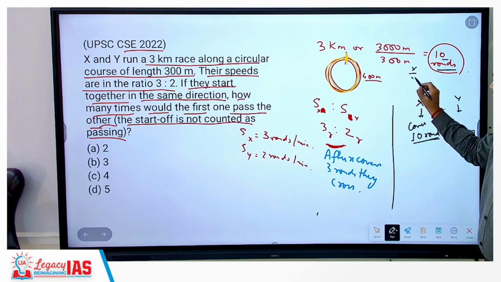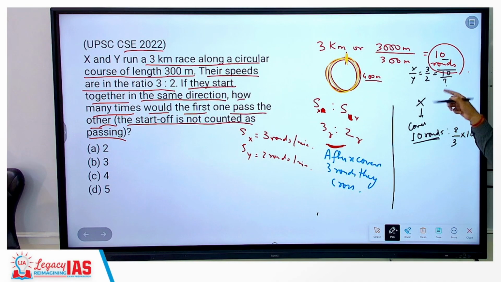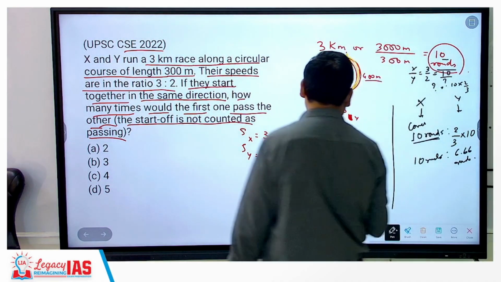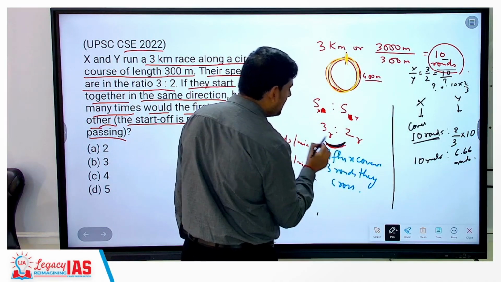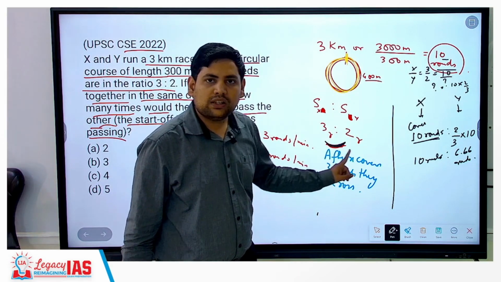Because their ratio has to be 3:2. So X to Y has to be 3:2. Now if X is covering 10, then Y is asked. So this question mark will be equal to 10 into 2 by 3. So X came out to be 10 rounds, and Y came out to be 20 by 3, that is 6.66 rounds. Now earlier the difference was of 1 round, so I said they will meet one time.